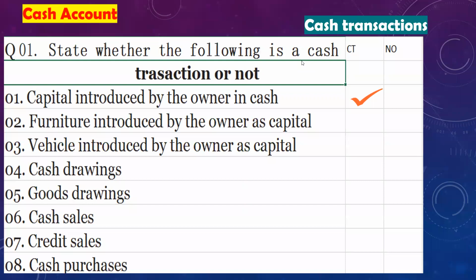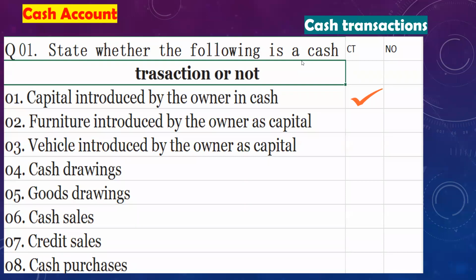Those who learned from the beginning from me, you know, yes, owner can bring not only cash, he can bring anything to business as capital. Those who newly joined after some classes, you didn't go through my video, you didn't write my notes, then you are in trouble.